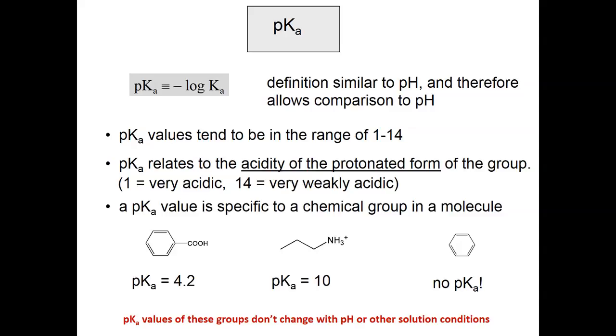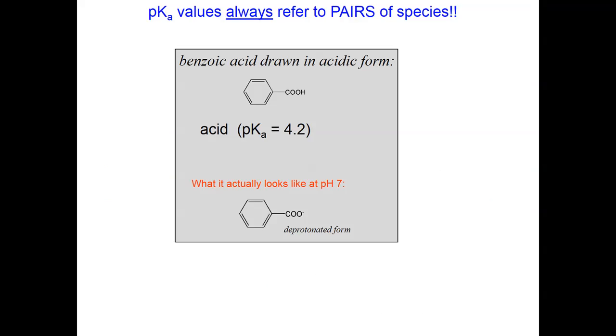So how about here? No pK, because it cannot give up protons, right? So it doesn't have any pK. Okay, as I said, the pK doesn't change as the pH changes. But the acid will give up its proton when the pH changes, or accept it when the pH changes. Does that make sense?